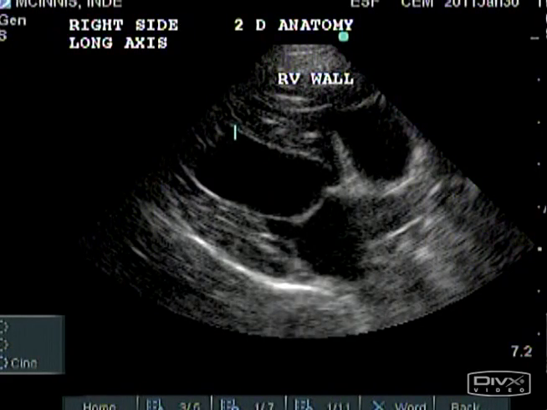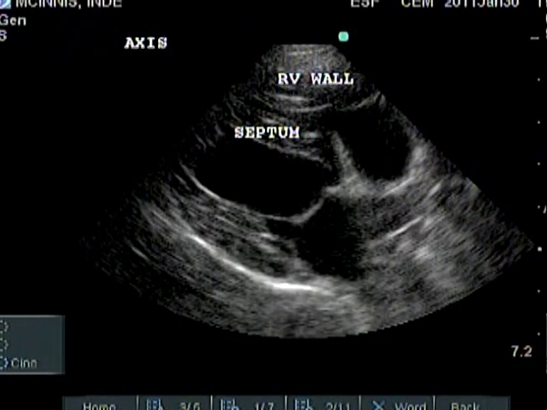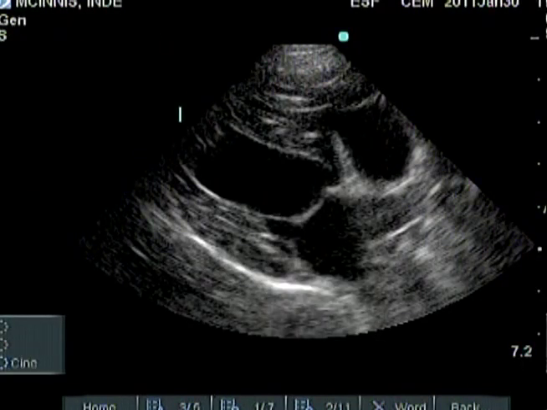The right ventricular free wall is about half the thickness of the interventricular septum. The right ventricle is about half the size of the left ventricle.